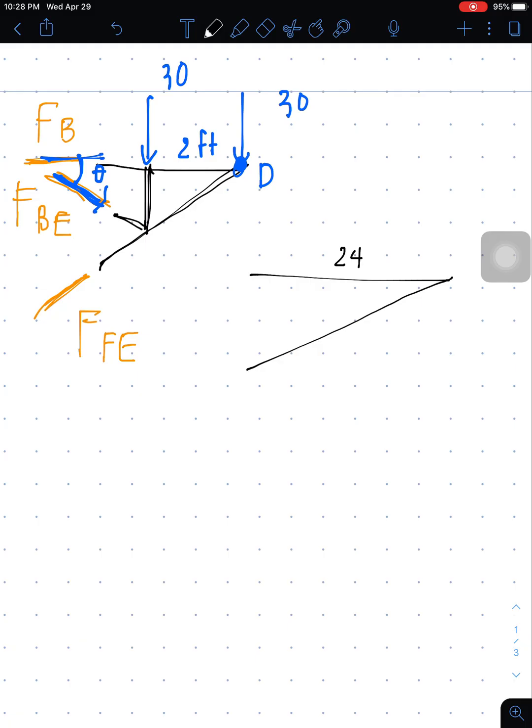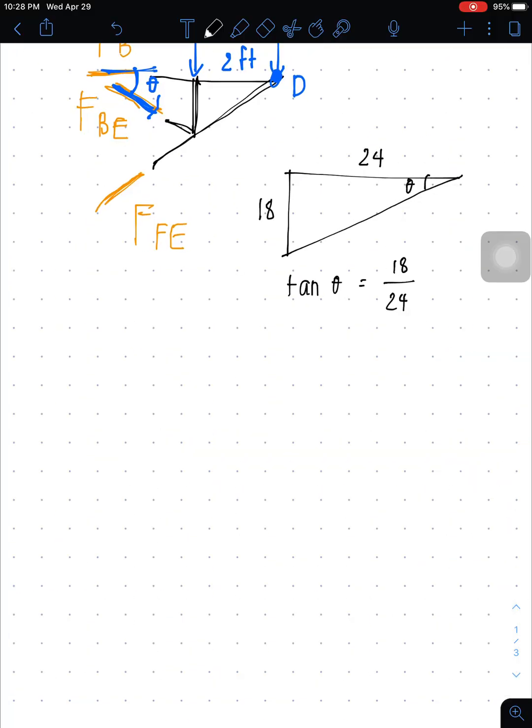And then the vertical is 18. And this is your theta. So the function would be arctangent, tangent of theta equal to 18 over 24.